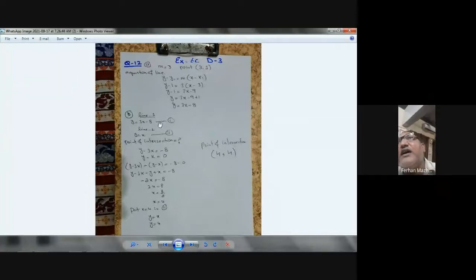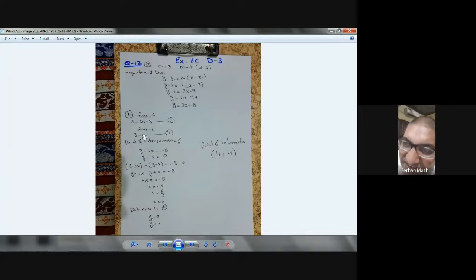In D3, chapter number 2, you have learned how to solve simultaneous equations. So I will solve these simultaneously. One equation is y minus 3x equals minus 8, and the next equation is y minus x equals 0.